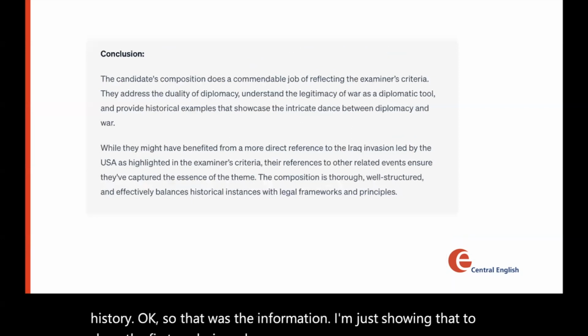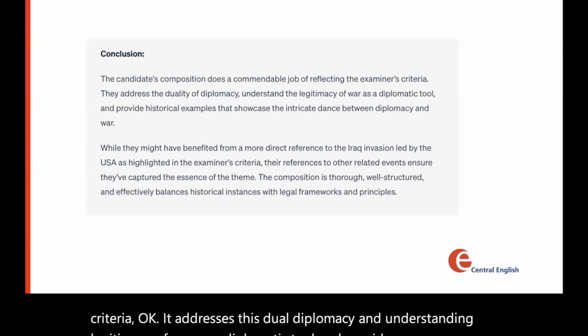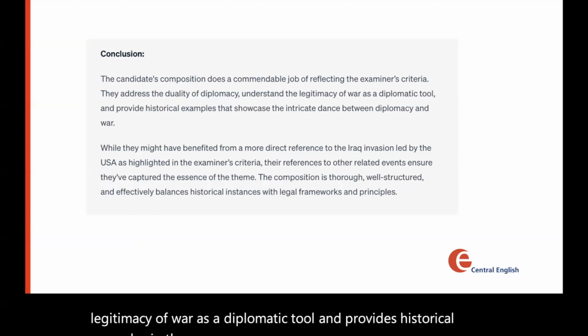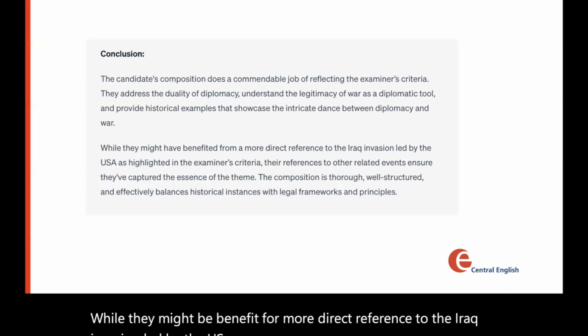And then the conclusion was the candidate composition does a commendable job in reflecting the examiner's criteria. Okay, it addresses this dual diplomacy, understanding the legitimacy of war as a diplomatic tool, and provides historical examples. In the second paragraph, it says there, while they might benefit from more direct reference to the Iraq invasion led by the US, as highlighted in the examiner's criteria.